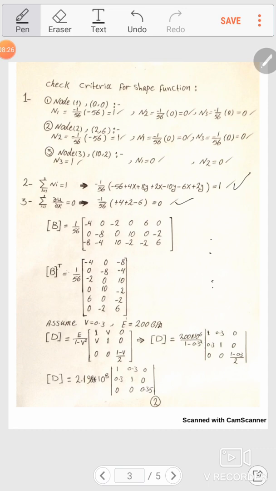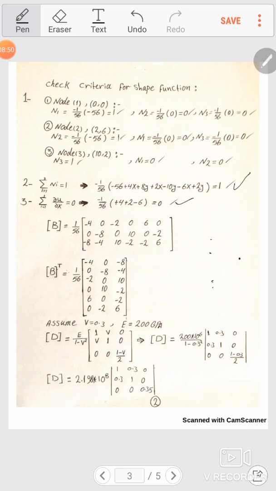the B matrix. Actually the B matrix, you can find it from x and y for each point here in this example, and substitute your values.